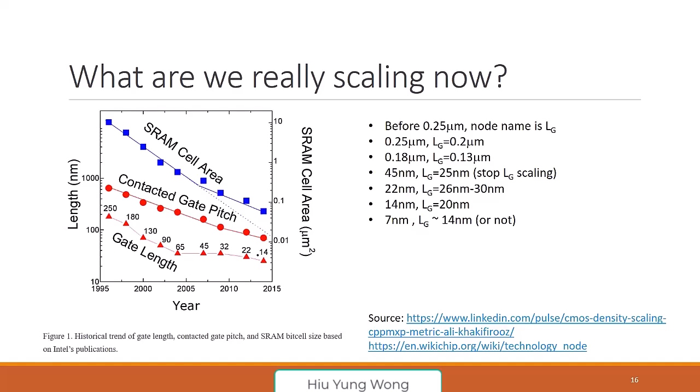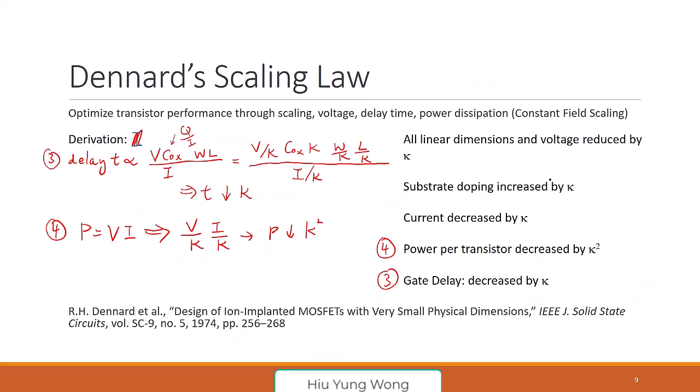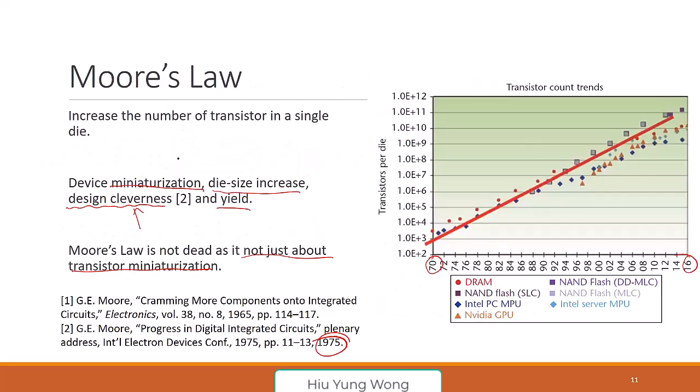Okay, why? That is because slowly at this point, the delay is no longer dominated by the gate capacitance. Remember, let's go back to here. When we calculate the delay, we say it is voltage times C ox divided by I. C ox is the gate capacitance.